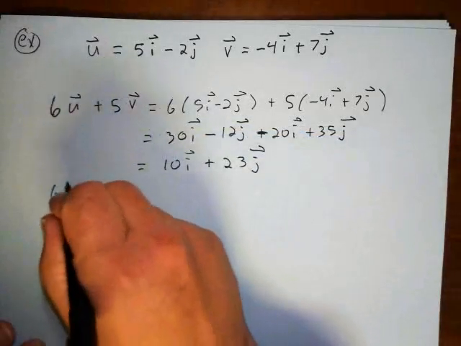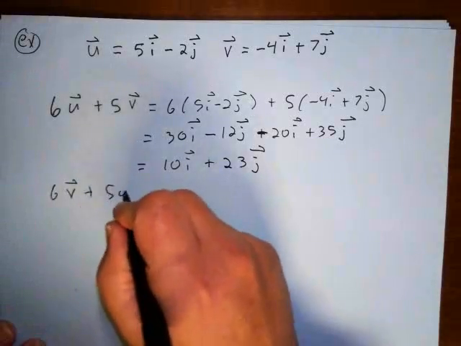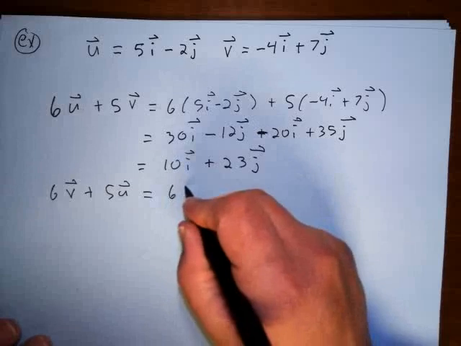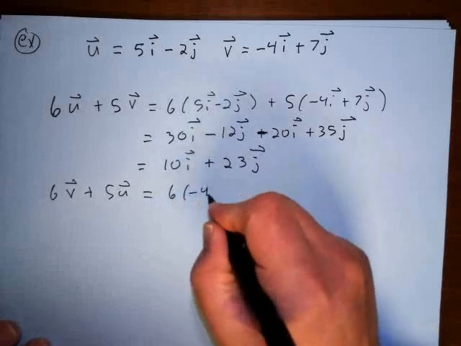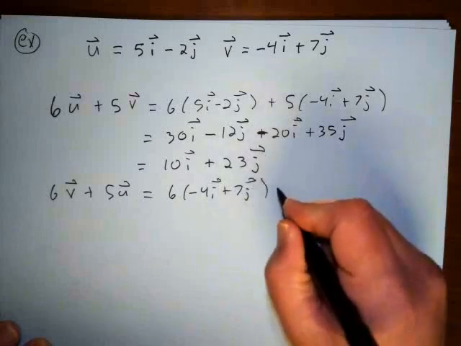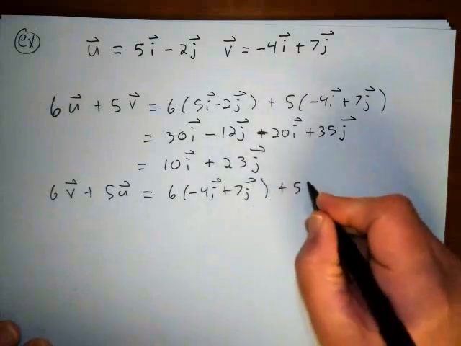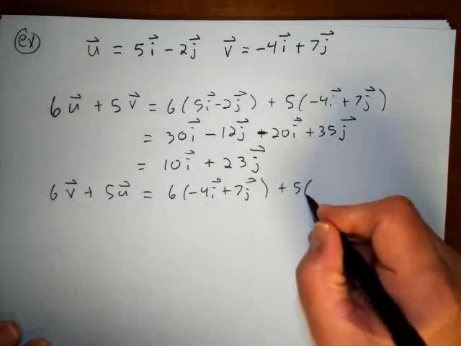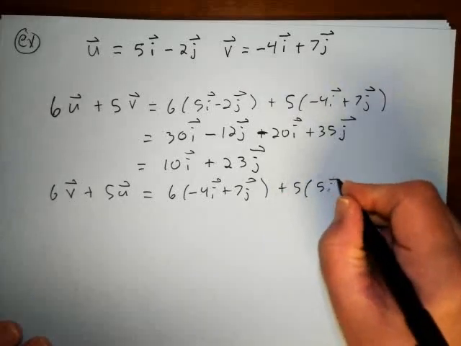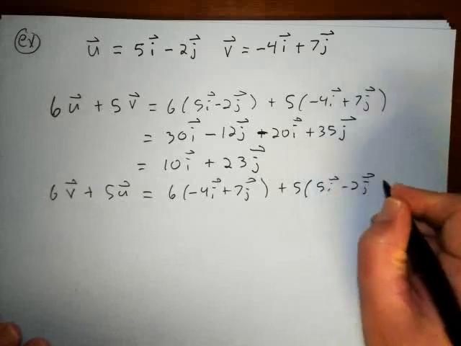We'll do 6v plus 5u, and this is going to give me 6 times negative 4i plus 7j, plus 5 times 5i minus 2j.